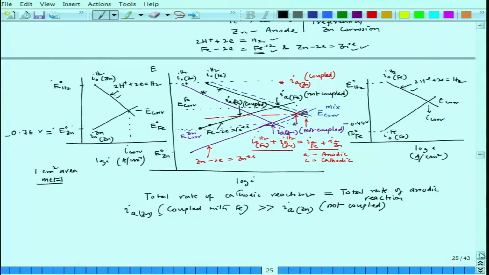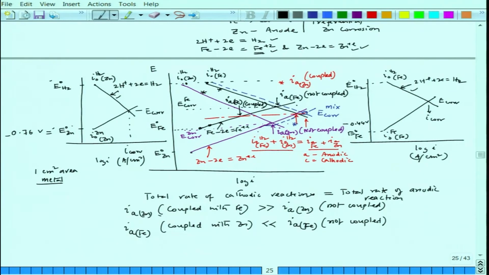As well as I_A iron when coupled with zinc is less than I_A iron not coupled.